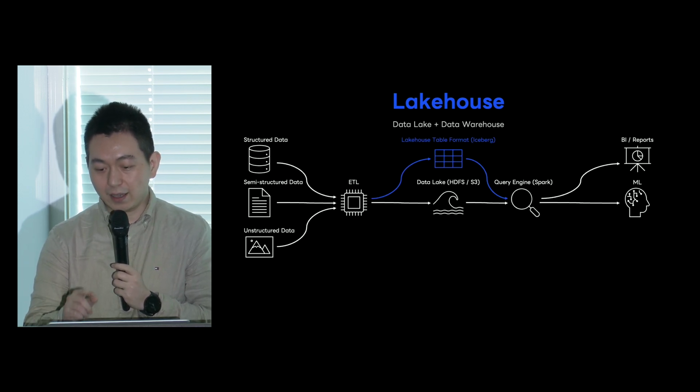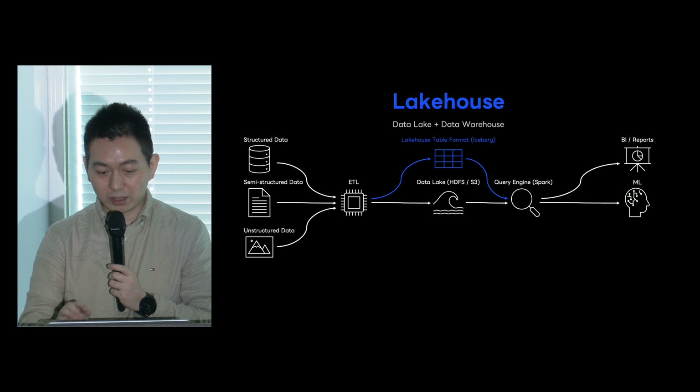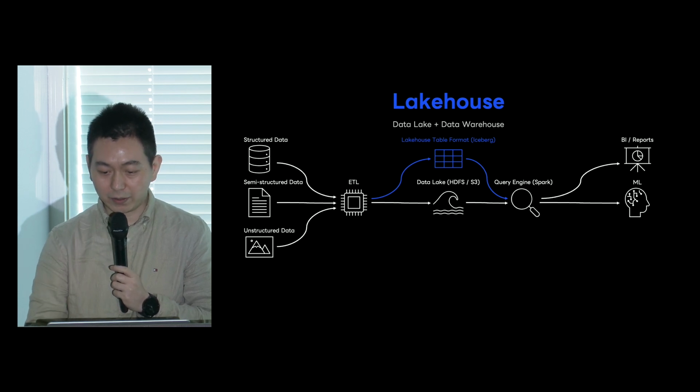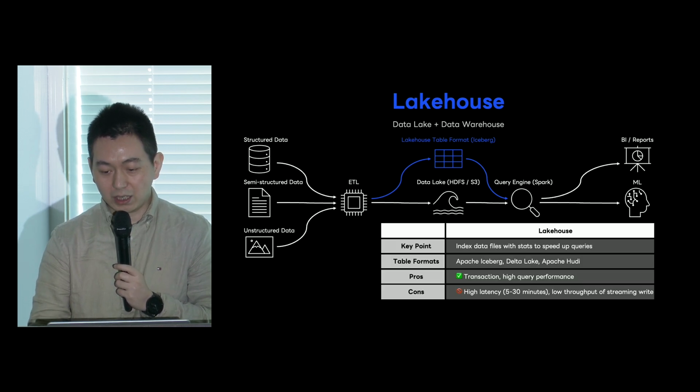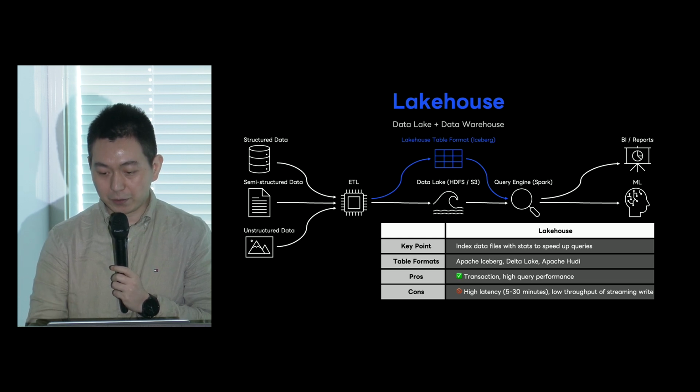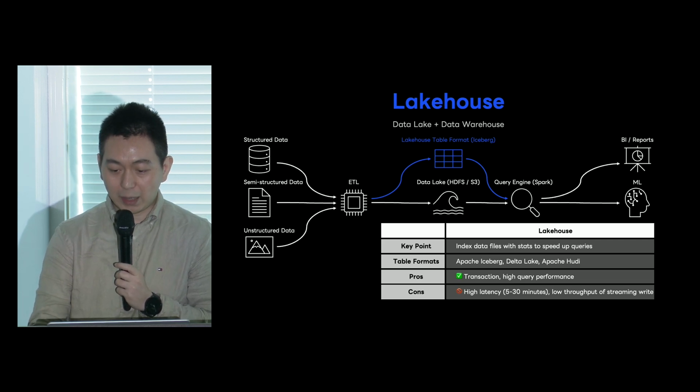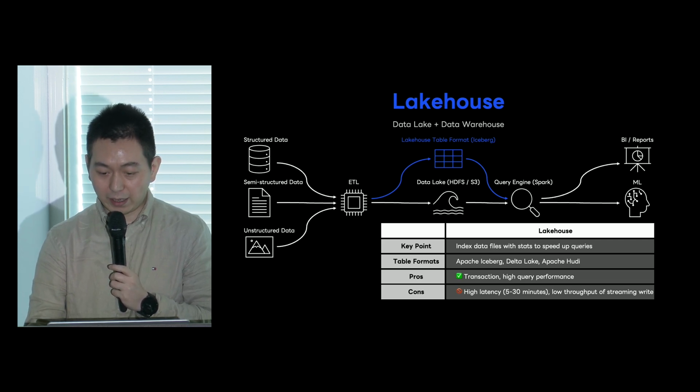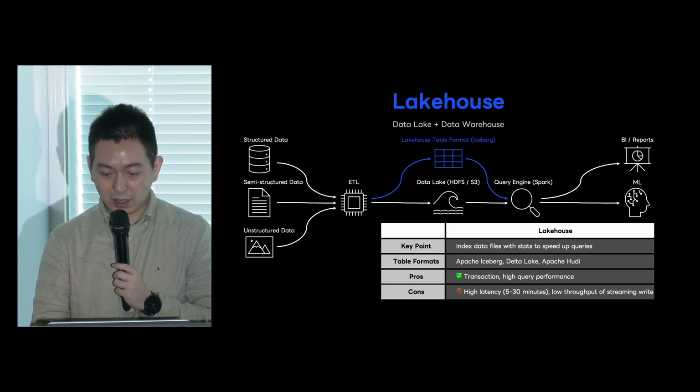We just need to add an extra layer called Lakehouse table format, like Apache Iceberg. The key point of Lakehouse table format is to index data files with stats to speed up queries. Popular table formats include Apache Iceberg, Delta Lake, and Apache Hudi.